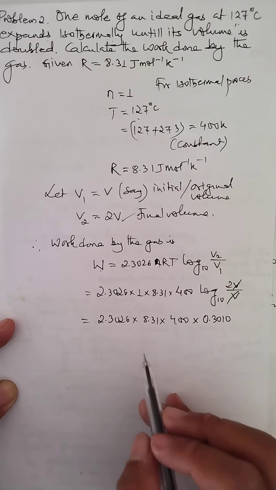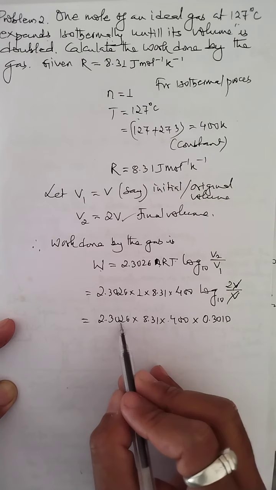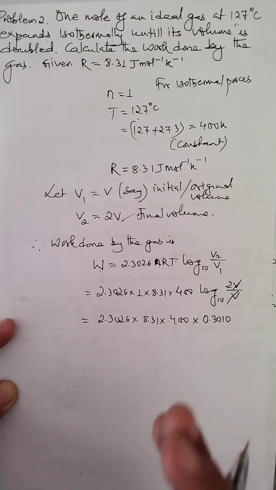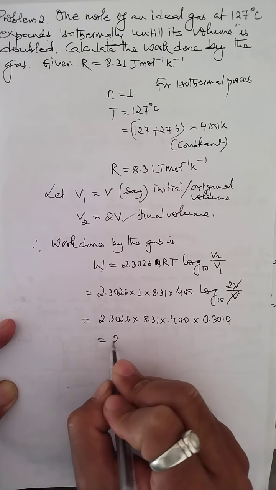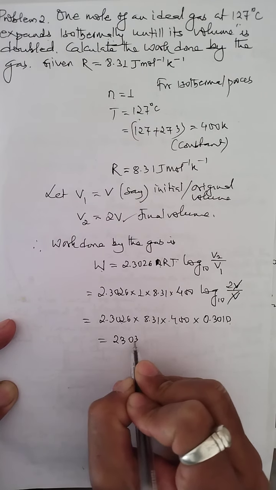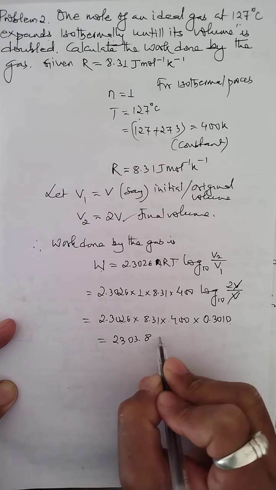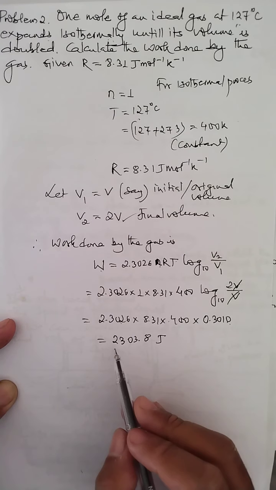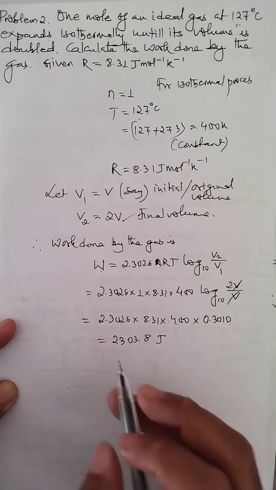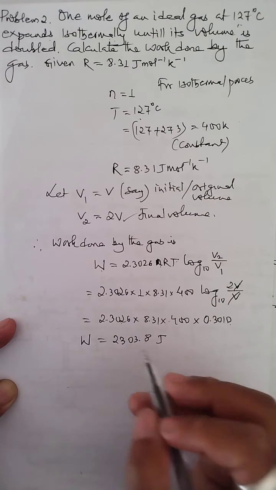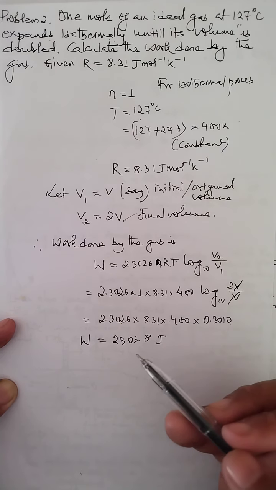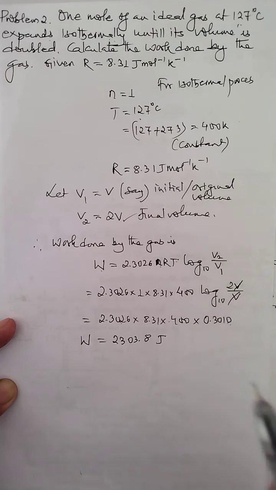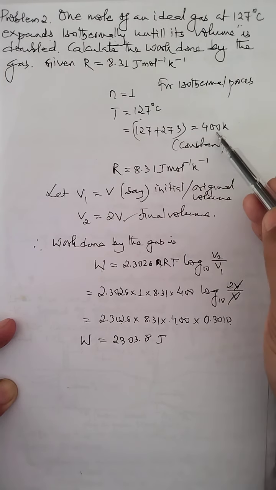Now you multiply all four quantities. If you multiply with the help of a calculator, you get approximately 2303.8, and the unit will be joule. Means 2303.8 joule will be the work done by the gas in order to double the volume, at temperature 400 Kelvin.